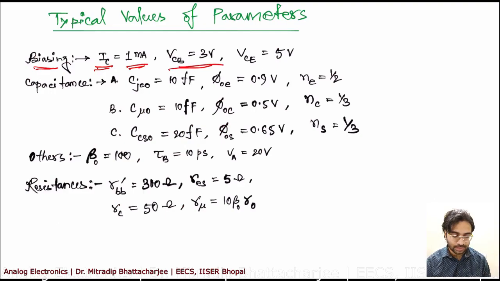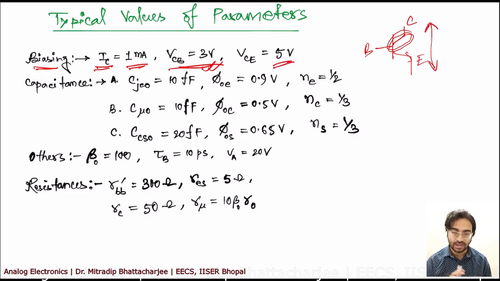Your VCB, what is VCB? If you draw the transistor again, C, E, and this is B, right? So your VCB is the reverse bias voltage. So reverse bias voltage is 3 volt. Your VCE means the voltage here. It is 5 volt. The typical capacitance values are CJ0. What is CJ0?